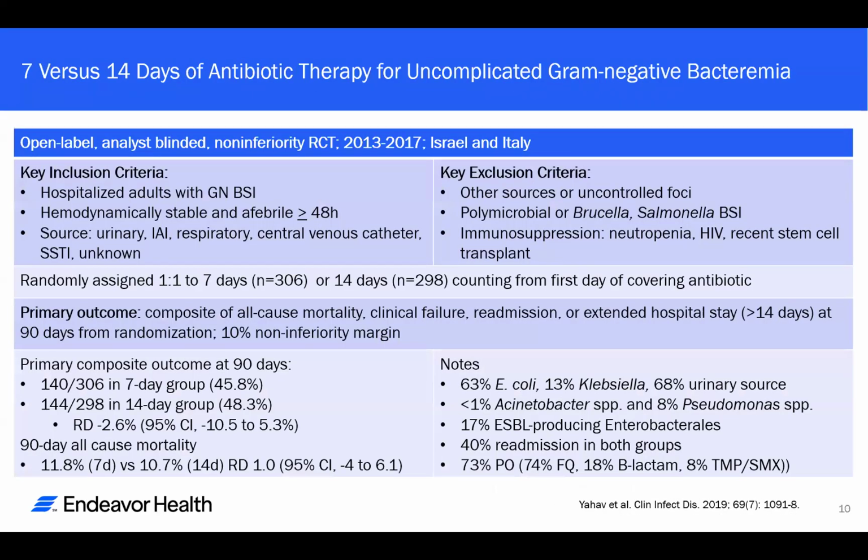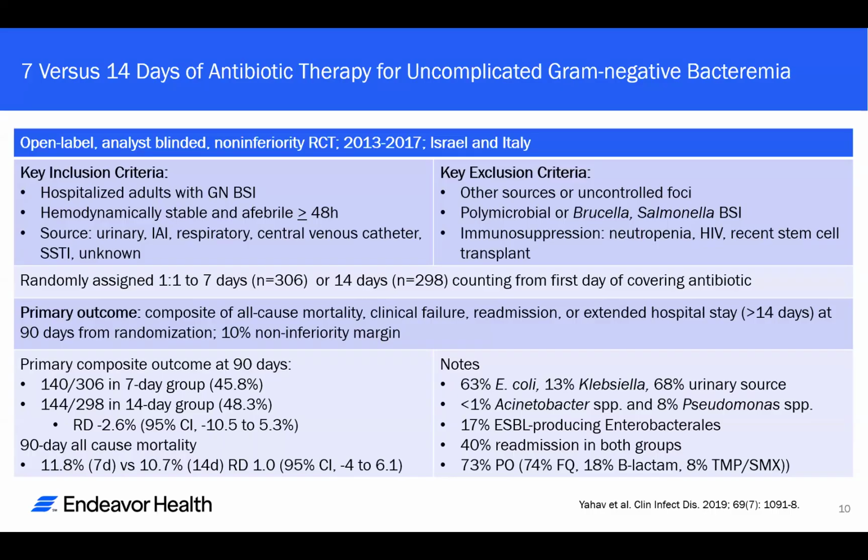So we'll look at our first trial that came out in 2019 by Yahav and colleagues, and this was 7 versus 14 days of therapy for uncomplicated gram-negative bacteremia. They included hospitalized adults with gram-negative bloodstream infections who had to be hemodynamically stable and afebrile for greater than 48 hours to be randomized in, with the sources very similar to what we saw in our uncomplicated group: urinary, intra-abdominal, respiratory, from a catheter, skin and soft tissue.